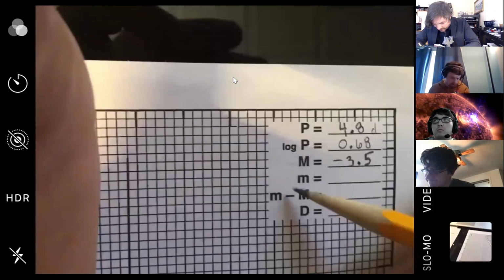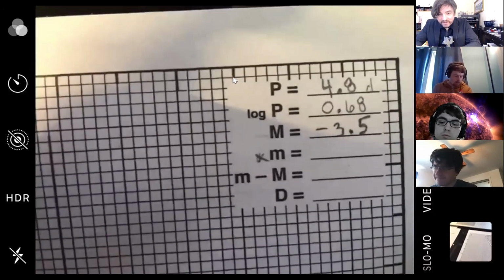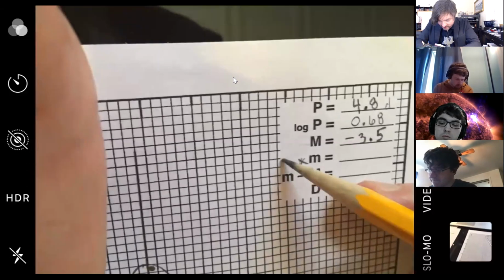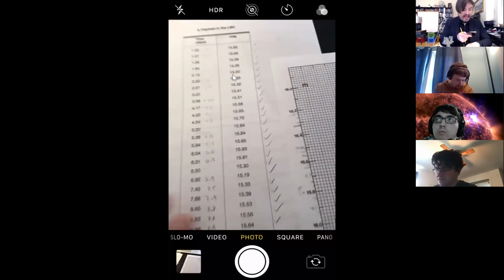Okay. Do you see this guy right here? Getting the average apparent magnitude was going to suck, because you guys were going to have to take the average of all of these numbers.